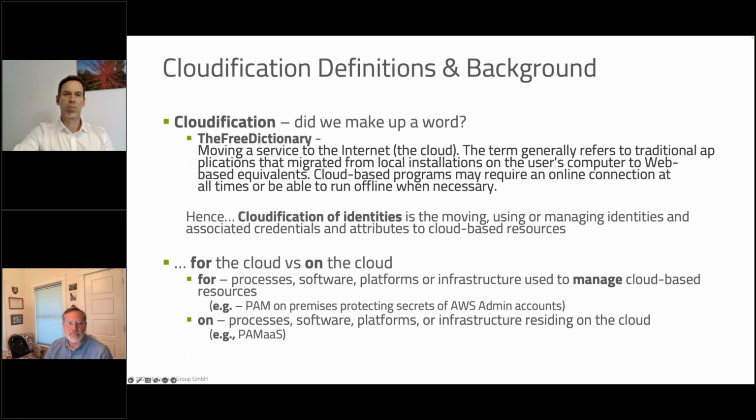For example, in PAM, we have on-premise implementations that are protecting secrets on AWS, or on the cloud is when we're actually doing PAM as a service, executing on the cloud.